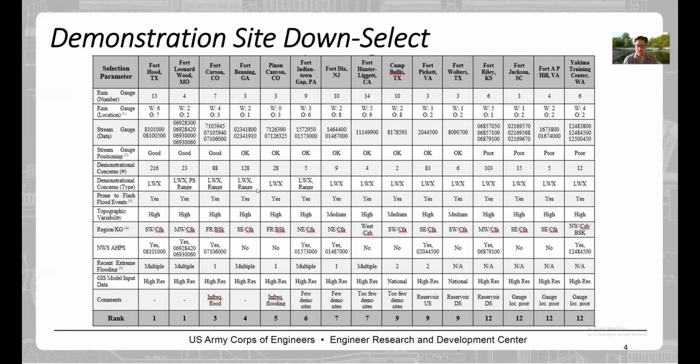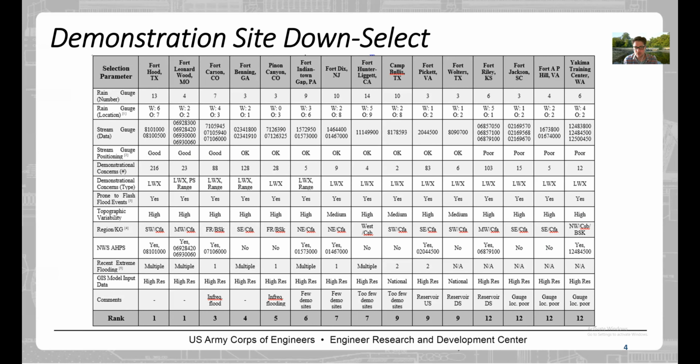Here you can see we took all of the data that I just mentioned plus a little bit more, and we looked at all of the major installations within the United States. There's more than 100, and we narrowed that down to a top 10 or top 12 list, and then ranked them based on all of the criteria shown here. Again, that's long-term gauge data for rainfall or stream gauge data.